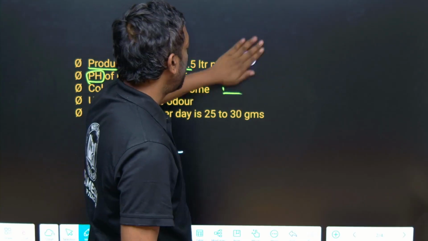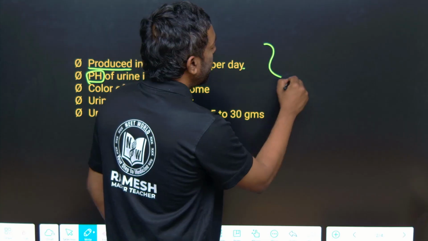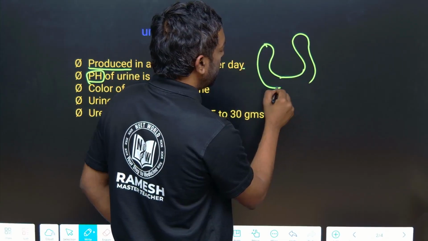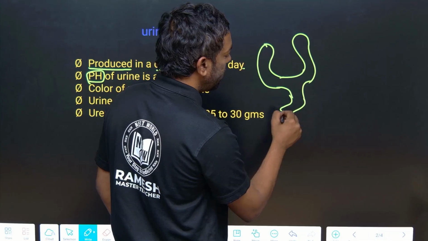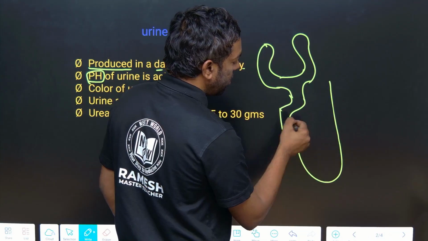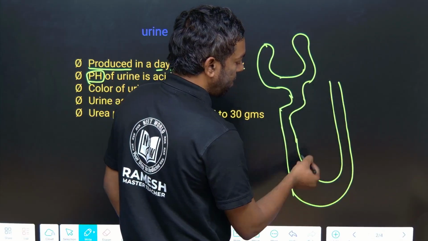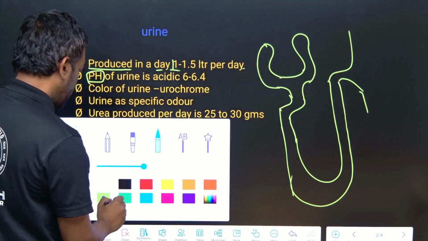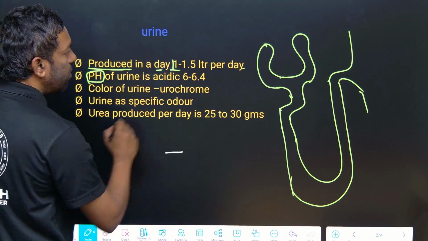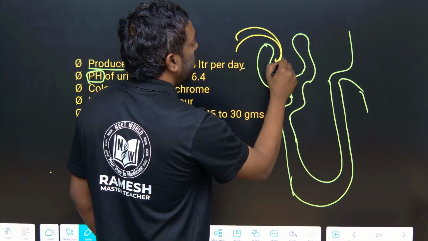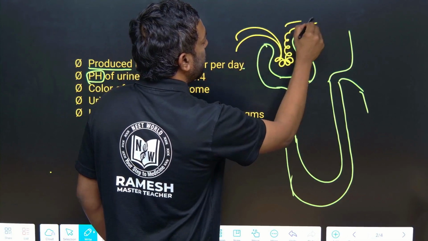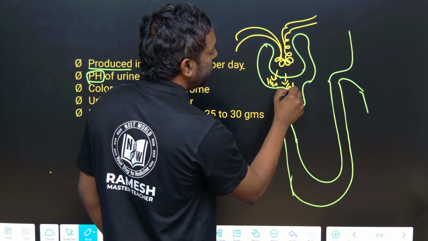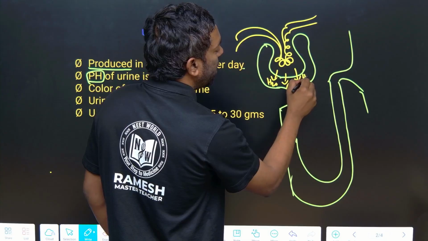The hydrogen is coming from the glomerulus, PCT and Henle loop. In the glomerulus there is filtration of water, glucose and bicarbonates.